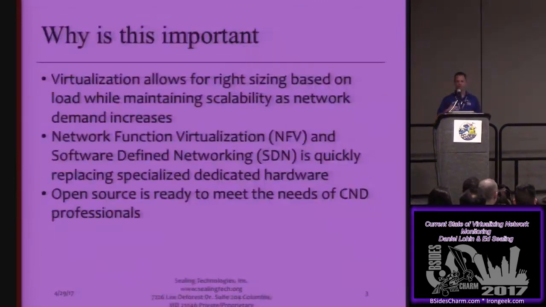So again, why is this important? It also allows us to do right sizing. In the world of network security, we're talking firewalls, IDSs, web content filters, full packet captures, NetFlow monitoring, all those kinds of capabilities. A lot of times right now, those are actual hardware appliances.